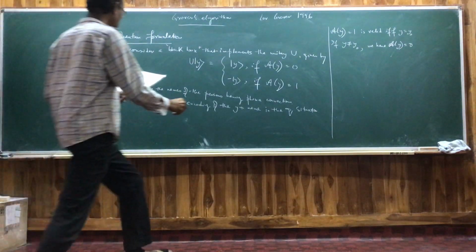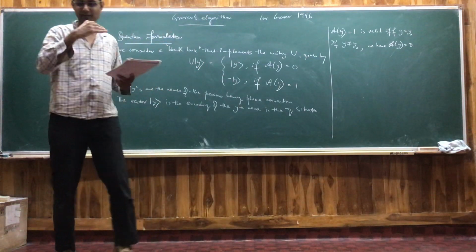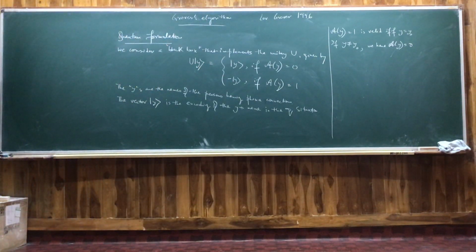So the number Y, now we are interchangeably talking of Y as the name of a person as also a number, but you realize they are the same thing. You can replace everything with binaries.